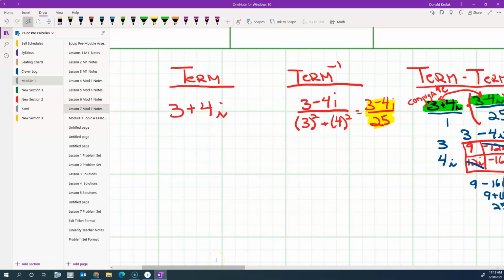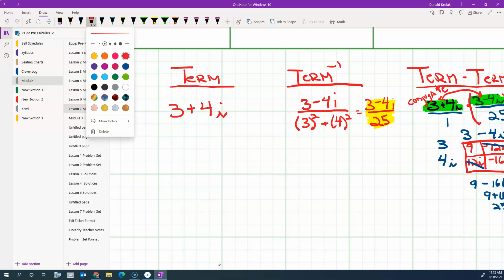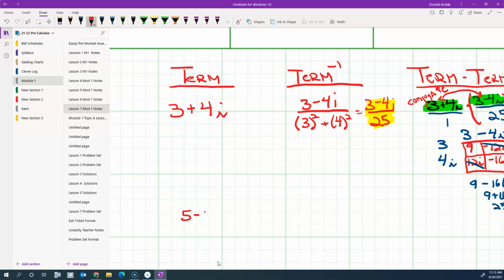All right, how about 5 minus 3i? Okay, what's its conjugate? Okay, what are we going to get? Numerator.